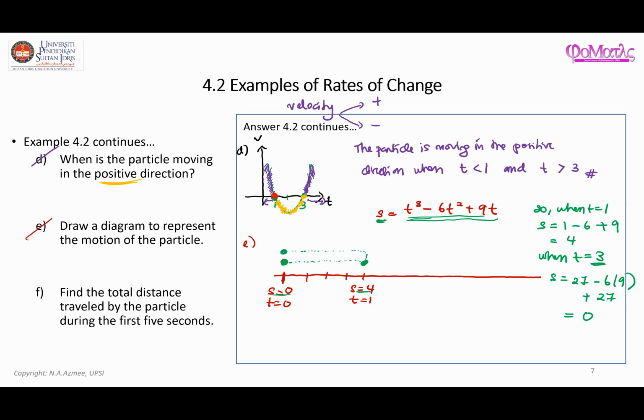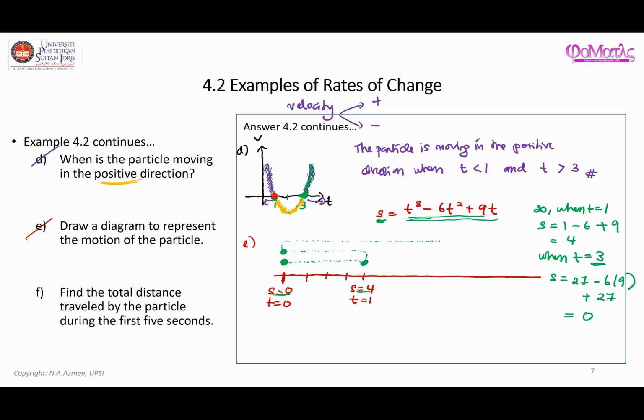Now next, based on the velocity graph here again, you can see that after time t greater than 3, the velocity is positive, which means that the particle is moving in the positive direction, which means you can imagine that going in this direction and just continue along this line here.